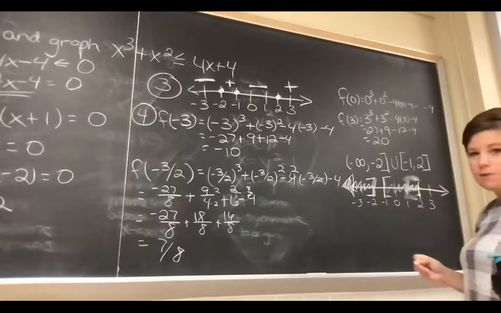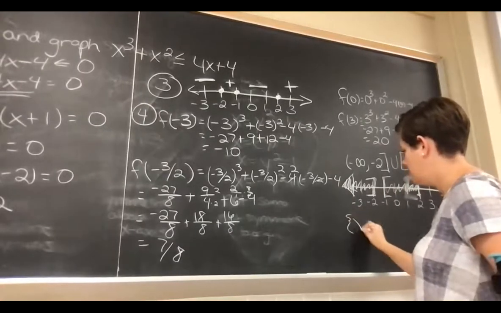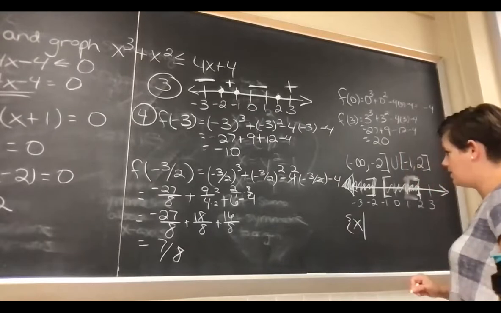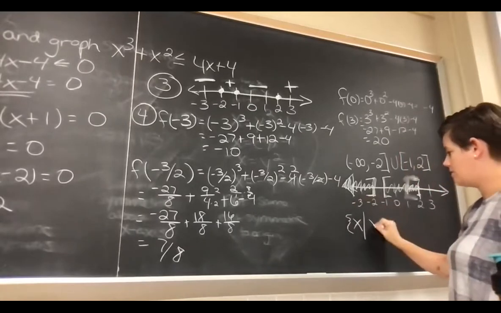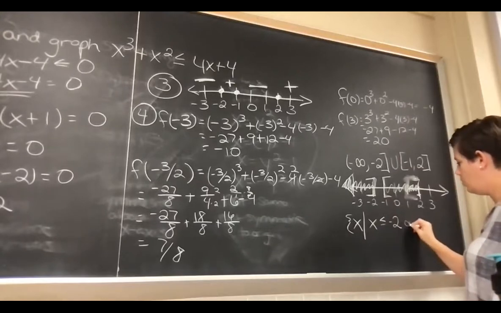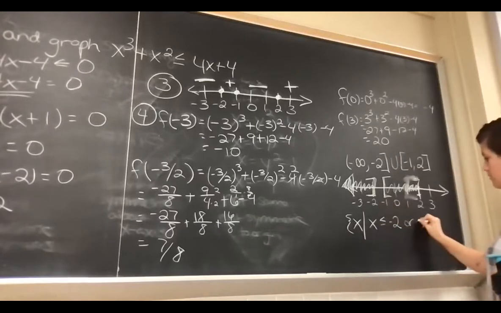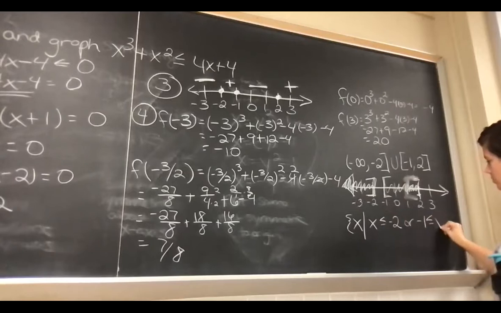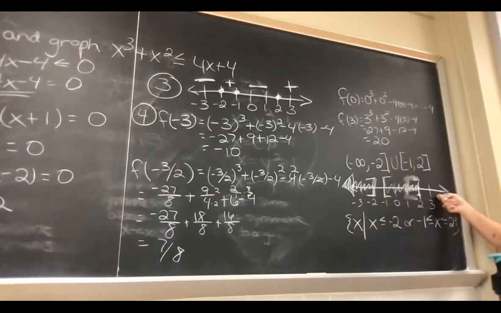And then if you had to do set builder notation, it's the set of x such that x is less than or equal to -2, or -1 is less than or equal to x, which is less than or equal to 2. There's the interval notation, there's the graph, there's the set builder notation.